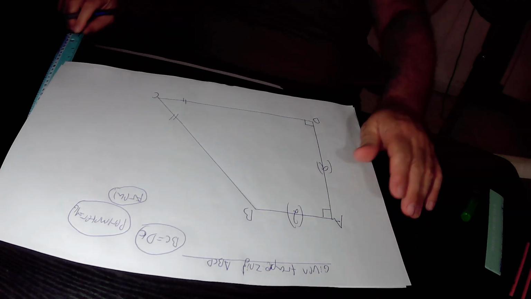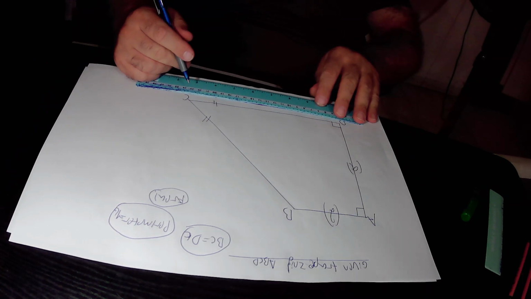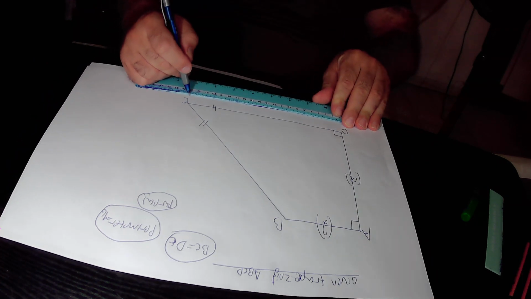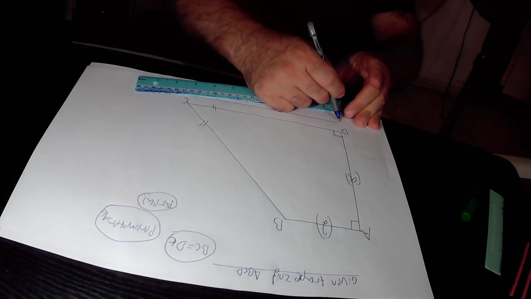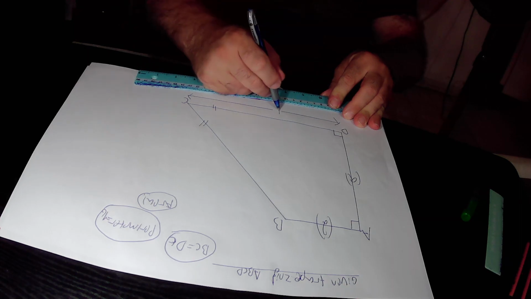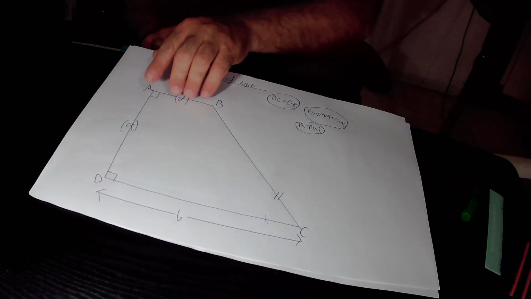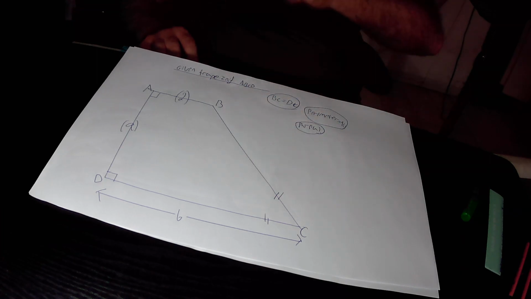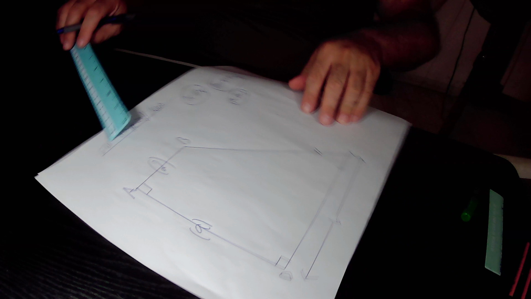Likewise, we will define the length of side DC as B. And because side DC equals side CB, side CB must also be equal to B units in its length.